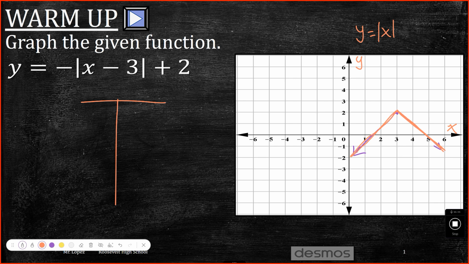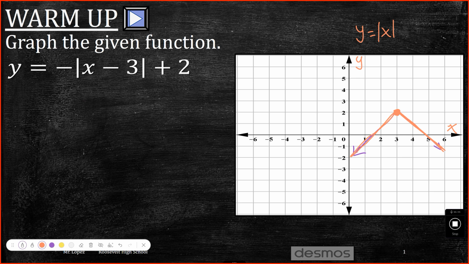So watch, x and y. Let's plug in the point x is 3. I better get an output of 2 if I plug it in. If you want to do a table of values, it should be satisfied in this function.